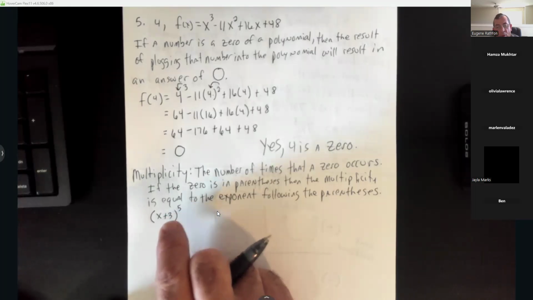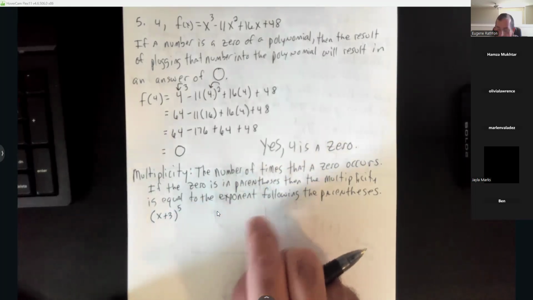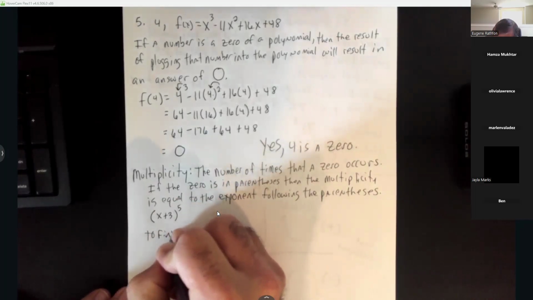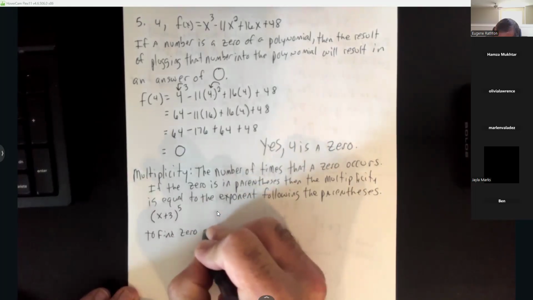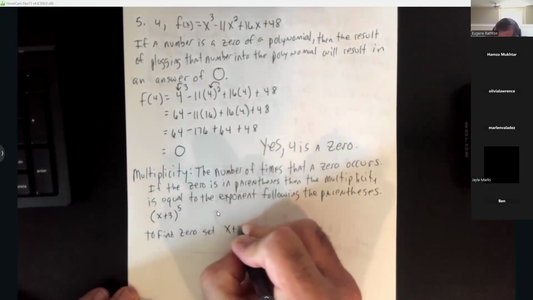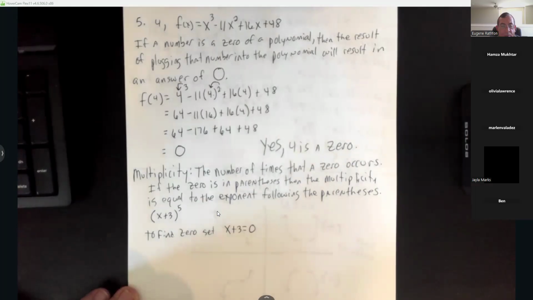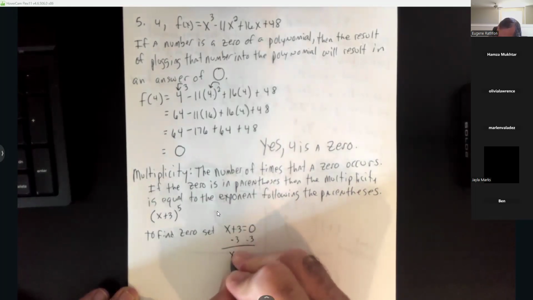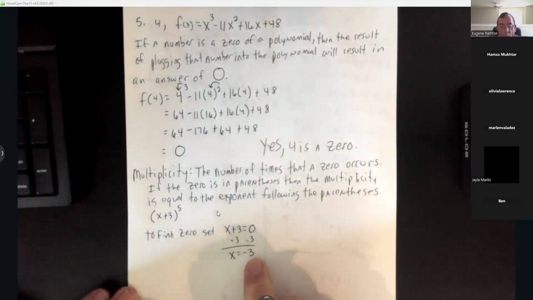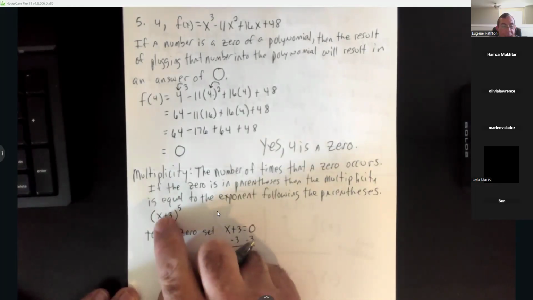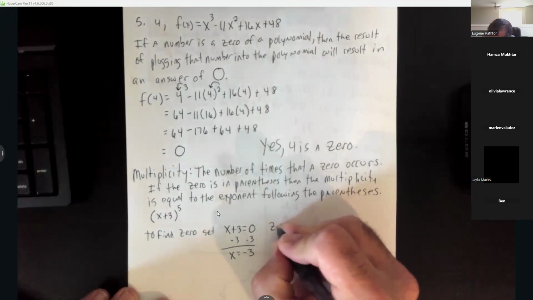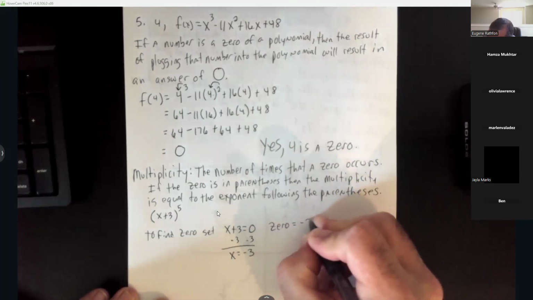So that means this zero is occurring 5 times. So to find the zero, set x plus 3 equal to 0. And y'all, you would solve that by subtracting 3. So the 0 would be negative 3. That's what you add to positive 3 to make that 0. So the 0 equals negative 3.